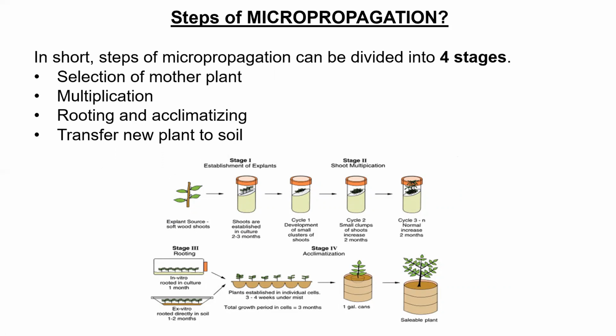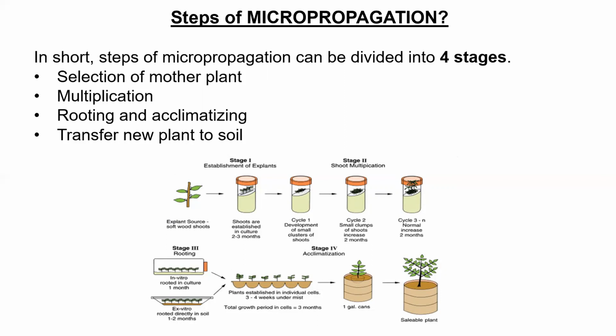And then you induce it to divide and divide and divide. Eventually, this plant material, after a number of cell divisions, will be able to differentiate into a whole new plant of the same species from where it is coming.